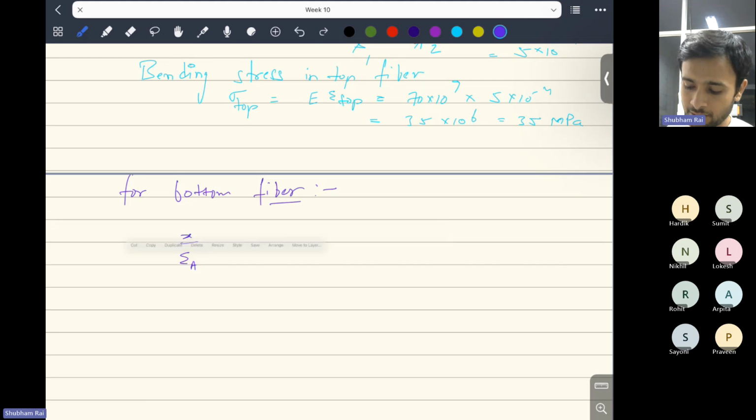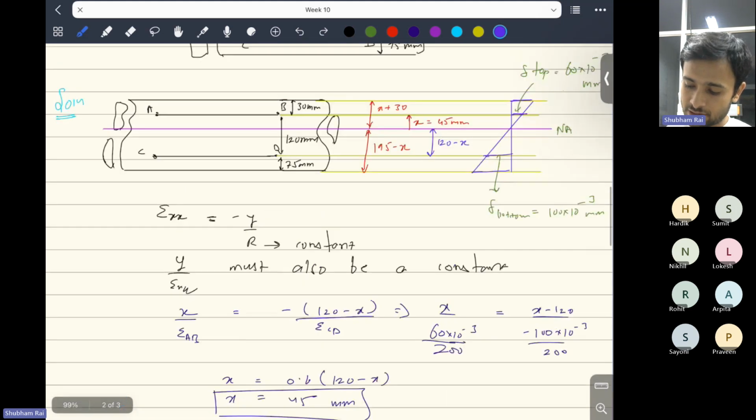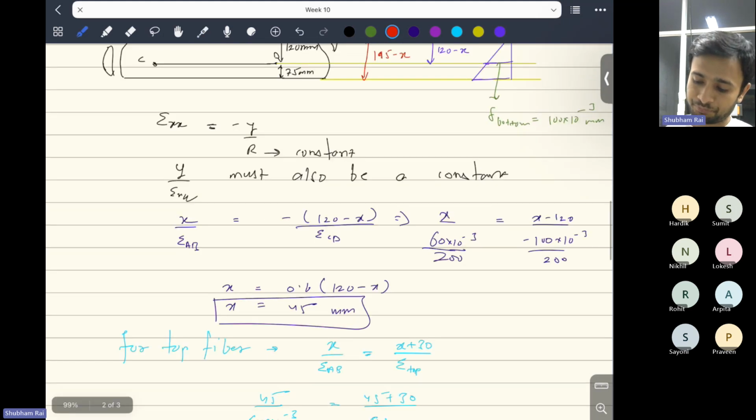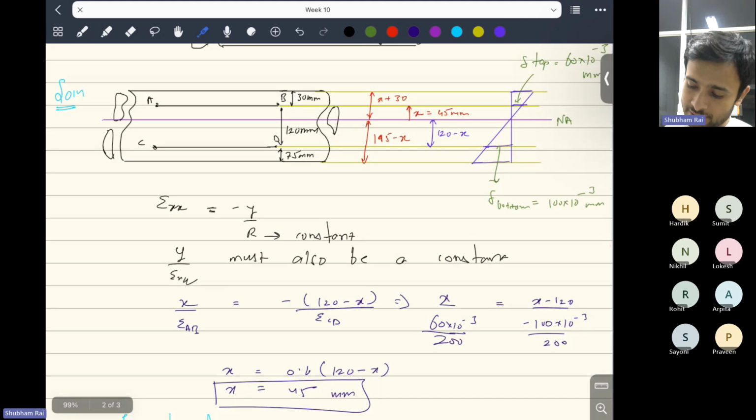CD is at a distance of 120 minus x and AB is at a distance of x. So it's very easy to go with AB. The fiber AB is at a distance x from the neutral axis, and the bottommost fiber is at a distance of 195 minus x from the neutral axis. So we'll go with x and 195 minus x.